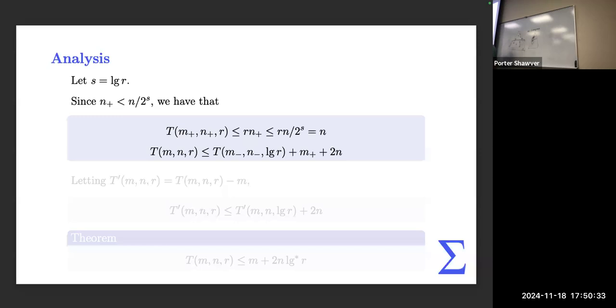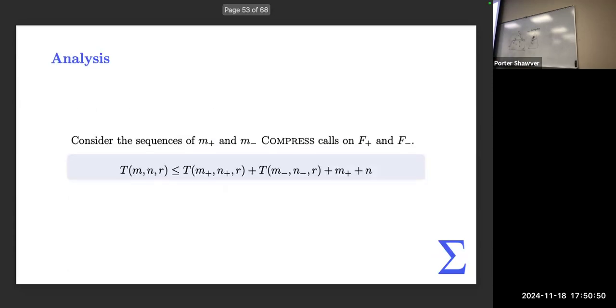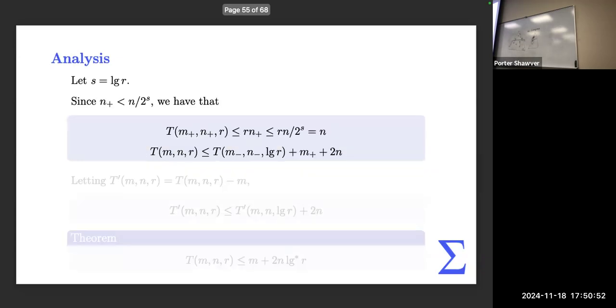We have the time on the top tree is less than Rn plus. And then for the numbers we have n, which makes sense. And then by using the recurrence, we can plug in the numbers.